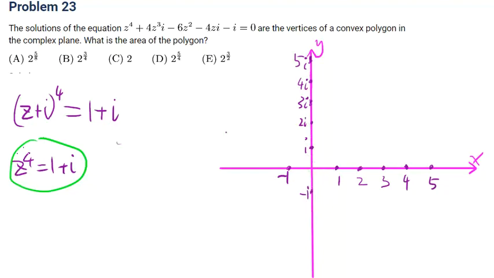Now, z to the fourth equals 1 plus i. Where is 1 plus i? It's here, right? This is the point. This will be 45 degrees.